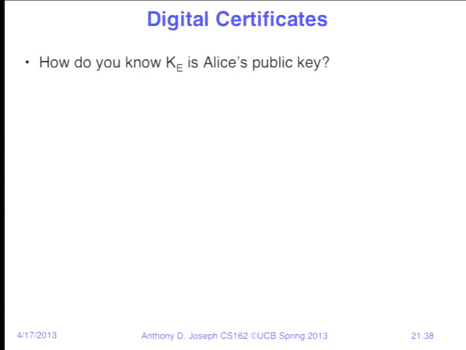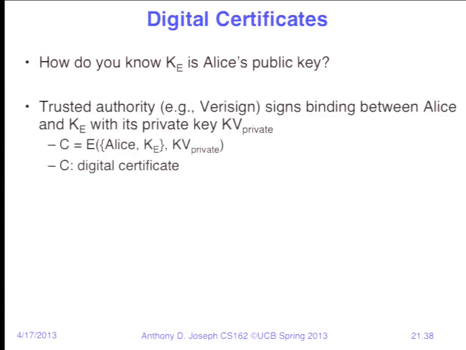And so that led to the creation of trusted authorities, certificate authorities, CAs for short, that sign a binding between Alice and her public key using their private key. An example of one of these signatories is VeriSign. There are hundreds of signatories, like 600-700 of them. They will give you a digital certificate. This digital certificate binds a name and a public key, signed with the private key.